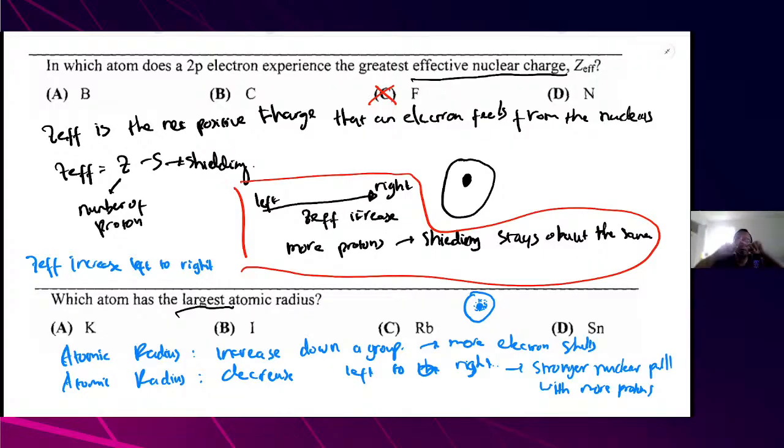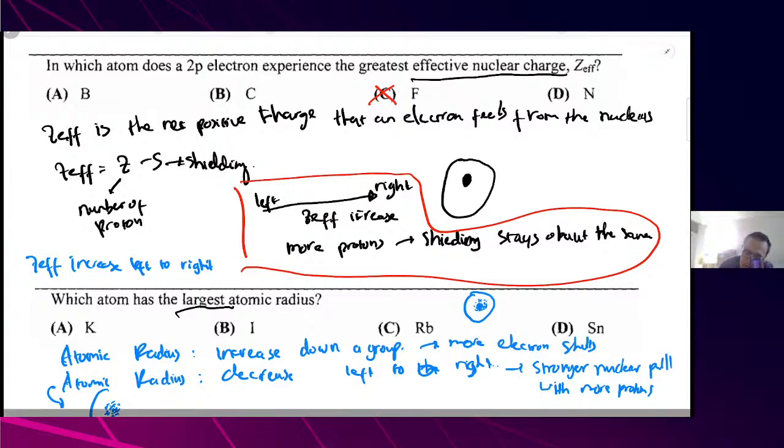Because it will have much more shells. With this concept, you have more protons, and then this is your shell, and it will give a stronger pull from the nucleus to the shell, so it will be shrinking.